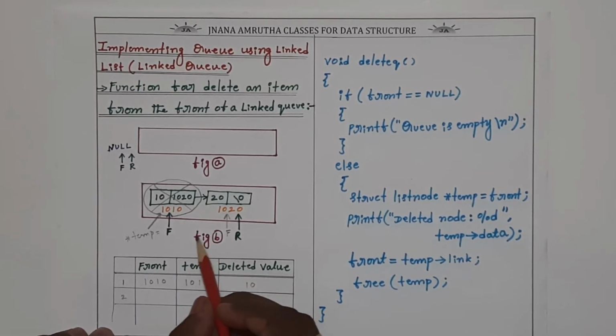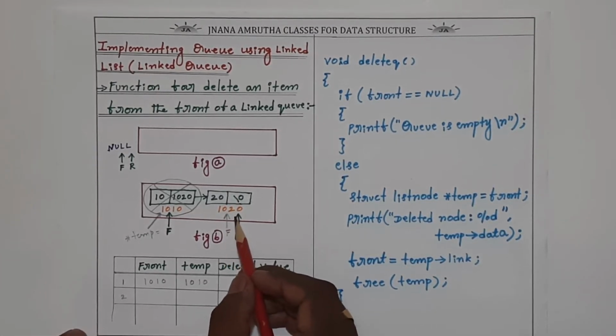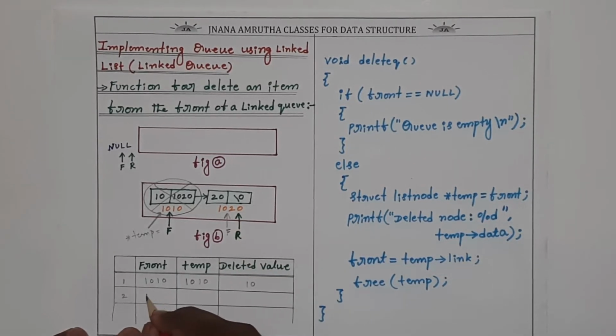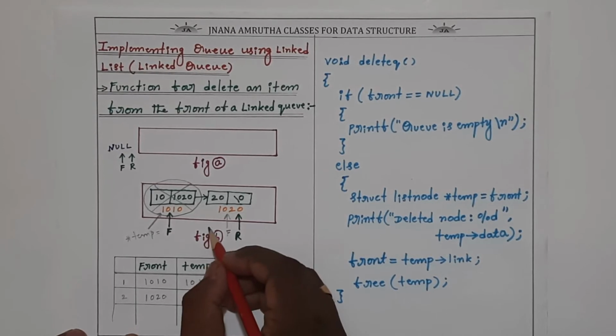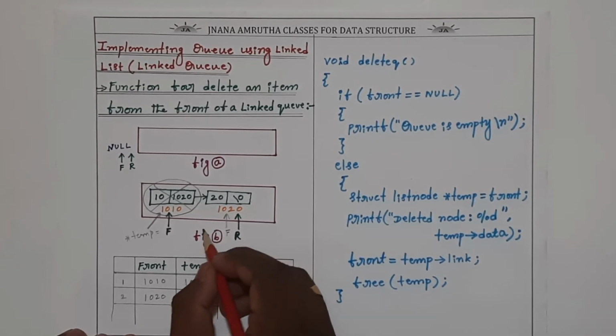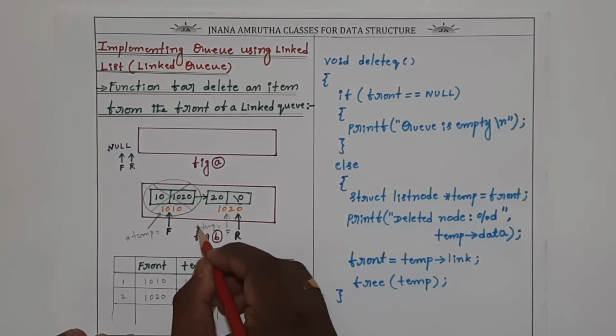Next, in the second iteration, front is pointing to 1020. Again the same process: temp equal to front, a pointer variable.